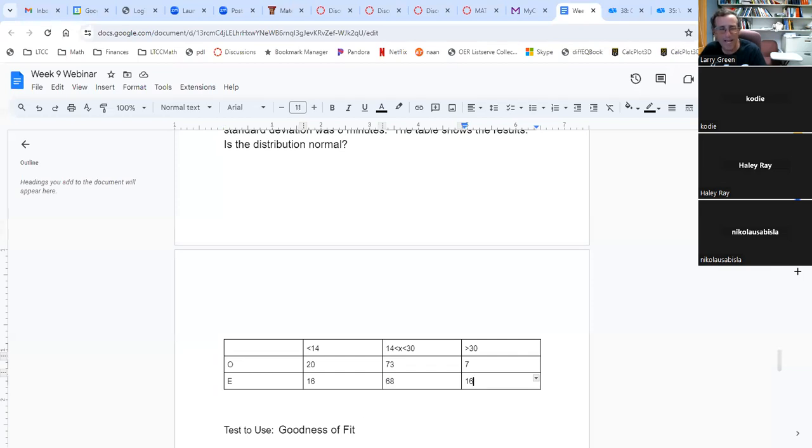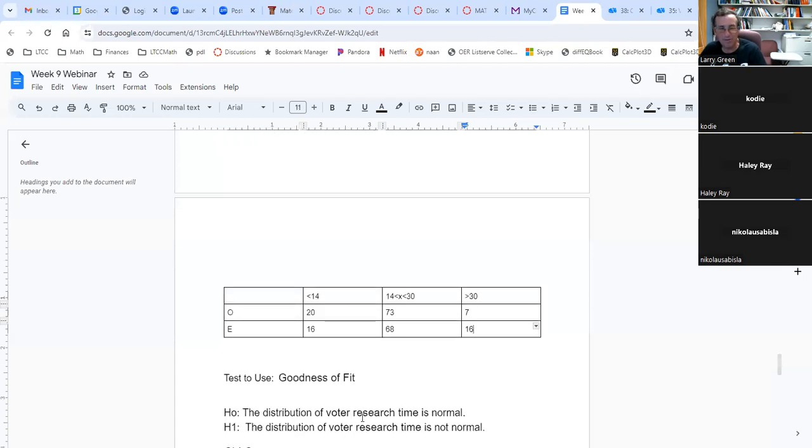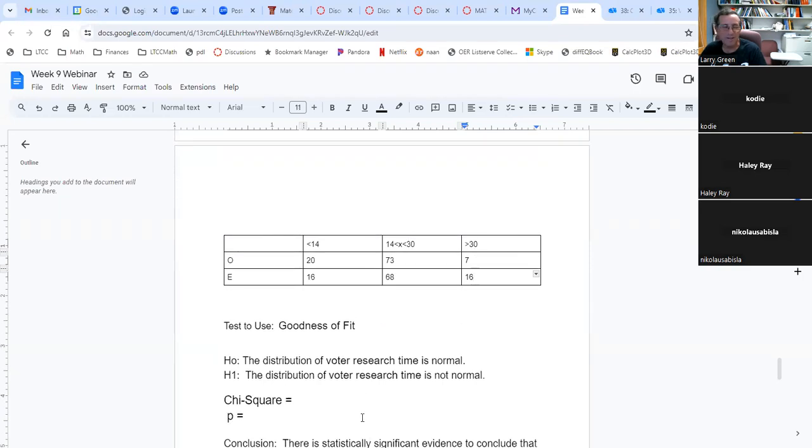Okay, so once we have that, we know we need to use a goodness of fit test. We need to write down H naught. H naught is the distribution of voter research time is normal. H1 is the distribution of voter research time is not normal. Any questions on this?